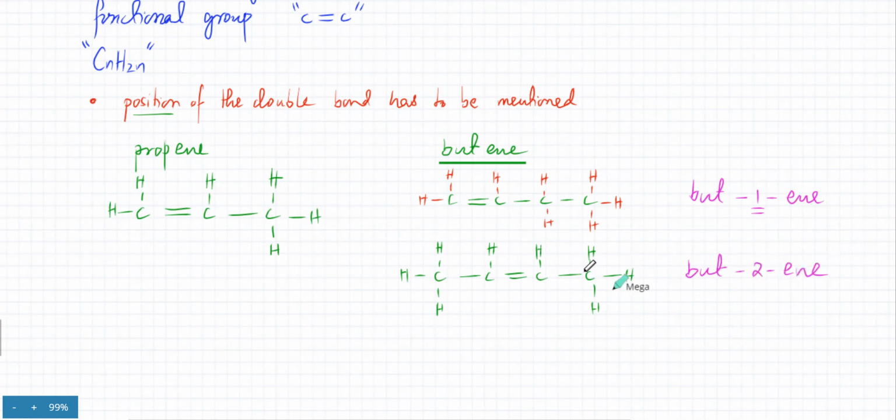So how do you figure out the position of the double bond? The double bond position is counted from the side that gives the smaller number.